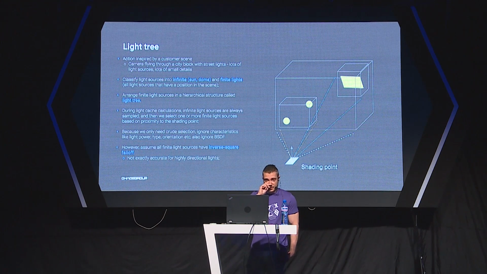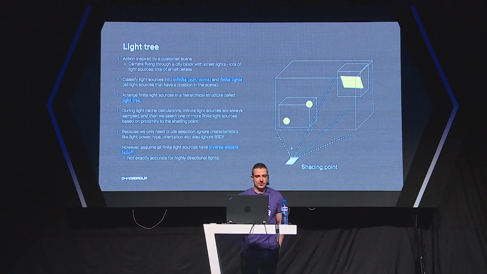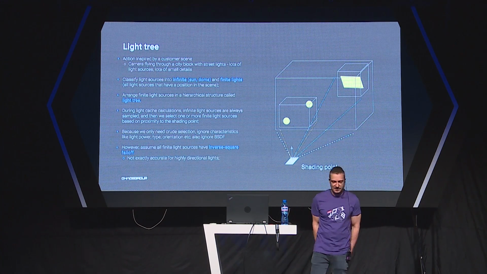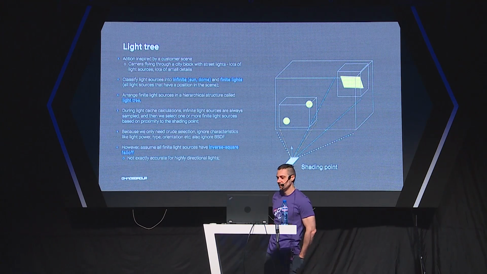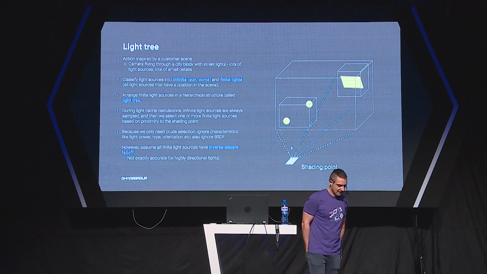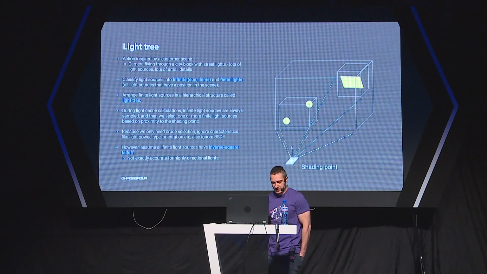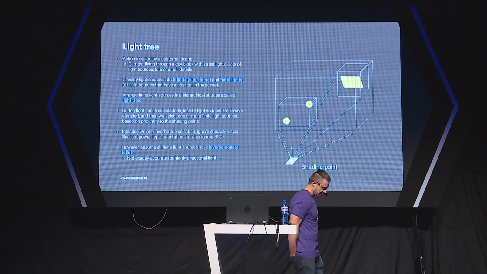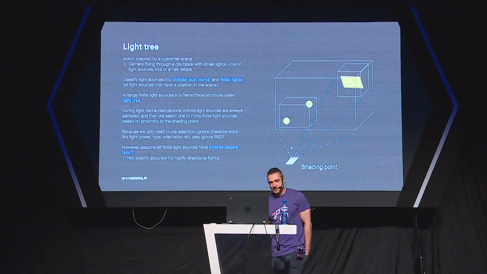So the way that it works, all light sources are classified into 2 types. One is light sources that don't have any definite position in the scene, but are usually infinitely far away, like the dome lights or the sunlight. And everything else, all the light sources that have some position in the scene, are organized in this hierarchical structure, which is basically a binary tree of light sources, which is called a light tree in V-Ray.